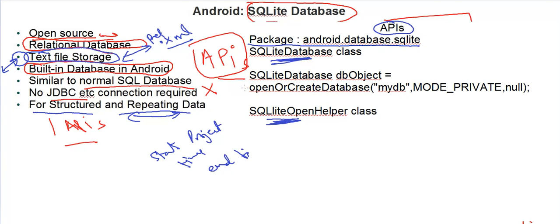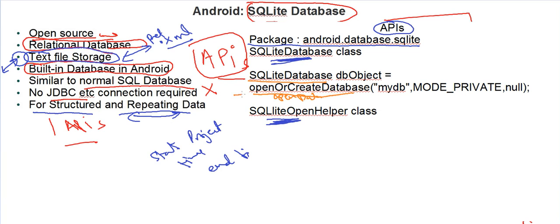We can get the SQLiteDatabase object using the class SQLiteDatabase, and the function that is used is openOrCreateDatabase. If we use only openDatabase, it is only going to open the existing database and not create it.